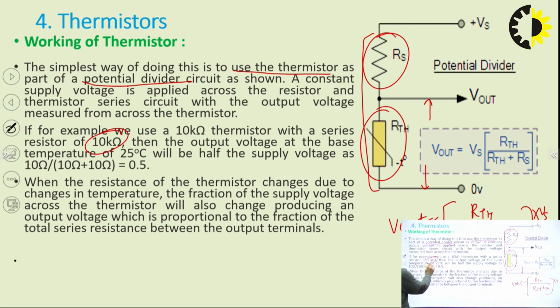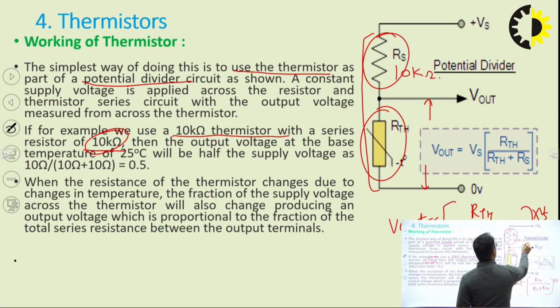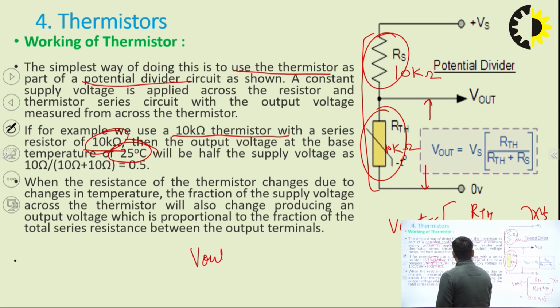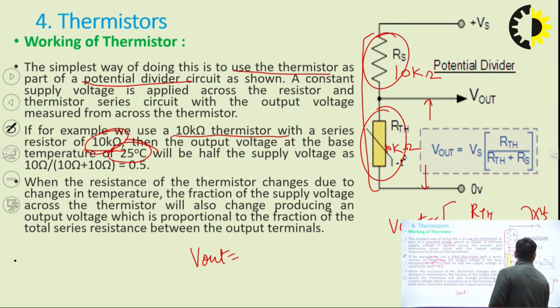And if we say our 10 kilo ohm thermistor with a series resistance of 10 kilo ohm, if we say these two resistances are 10 kilo ohm, 10 kilo ohm, and this thermistor resistance we are considering at room temperature, we get this as 0.5 into Vs. So our Vout will be equal to 0.5 of Vs, and our Vs is equal to say 5 volt.